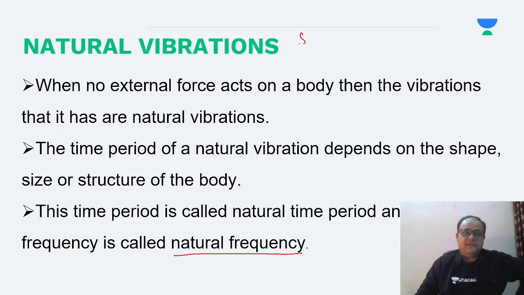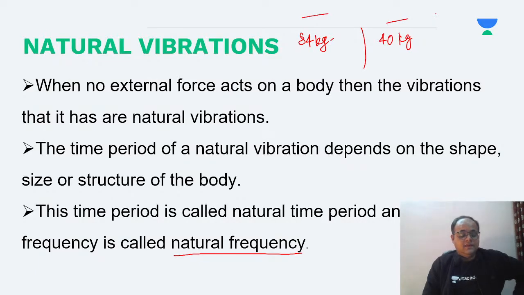For example, if my weight is 84 kg, and we have some other student whose weight is, say, 40 kg, and both of us start to run between 2 points, and a third person has to check our frequency, how quickly do we complete this process? How can we judge this?